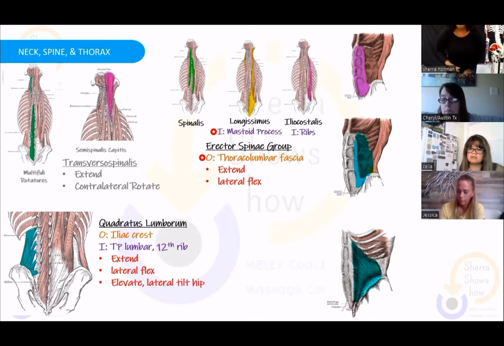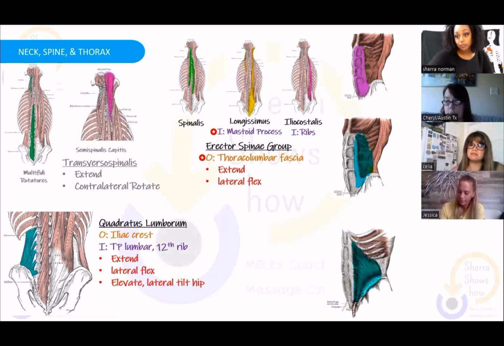If you have Trail Guide, you know he says that the QL hikes the hip. Okay. So remember, it can flex the spine, which is I'm a little teacup, or tilt the hip, which is Shakira. Okay. That's the difference. Flexion of the spine versus hip hike and tilt. Okay. It's all in the hips. Right. So several questions could come up like that.